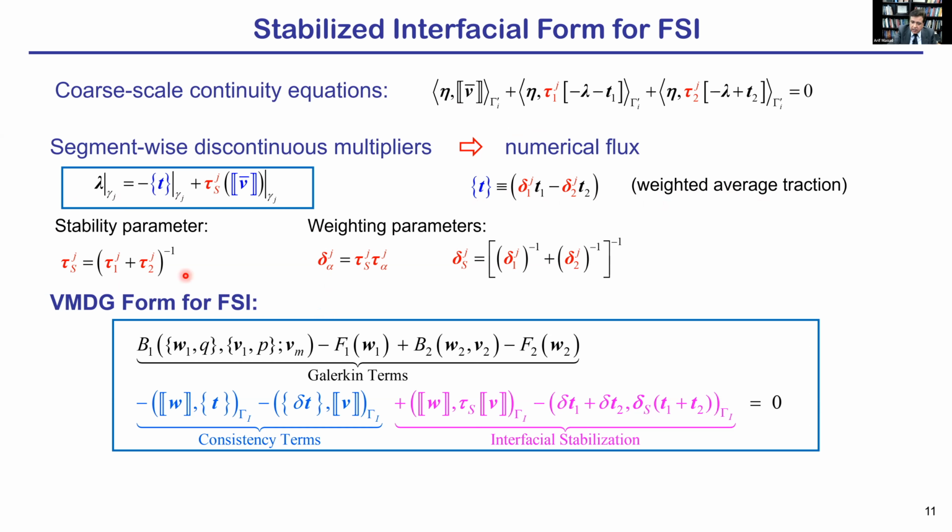So everything here is analytically derived. V bar is the jump in the coarse scale velocity field, and tau is the expression that I showed you on the previous slide.